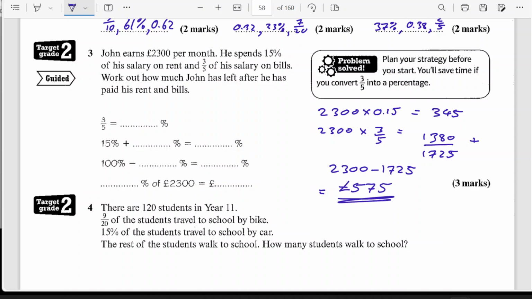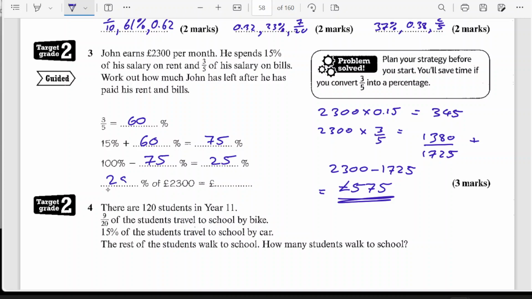Right, so that's how I would typically do the question. How they've suggested it is scaffolding it in terms of percentage, which makes sense. I have no issue with this. If I go over this, 3/5 is going to be 60%. We discussed that. So 15% plus 60% is going to be 75%. So he spent 75% of his wage, so he's got 25% left.